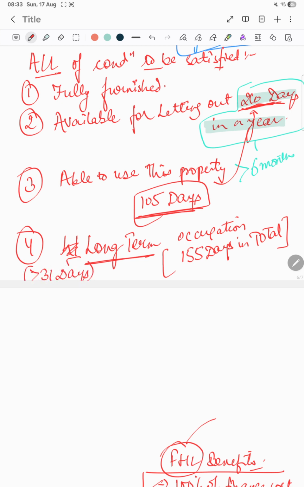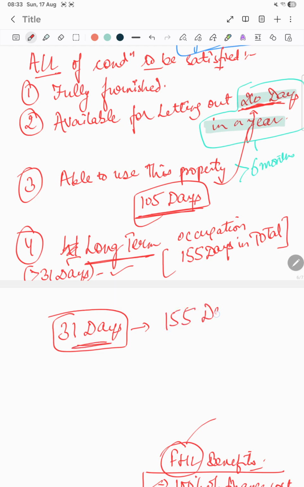See, somebody who has come on holiday will not stay for a period of 30 days, 1 month, in normal terms. But there may come up certain situations when this person has to stay longer for a period of 31 days. So HMRC says that okay, more than 1 month will be a long term occupation, but all these long occupations should not exceed 155 days in total.